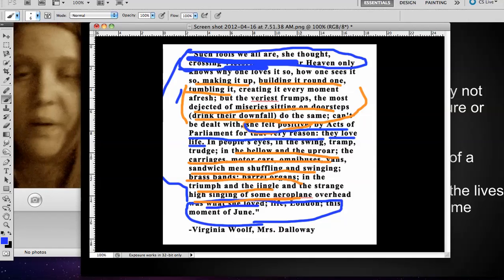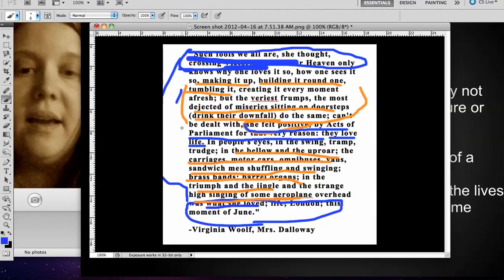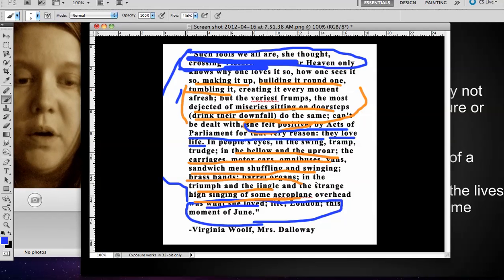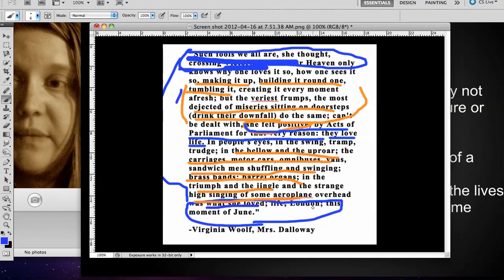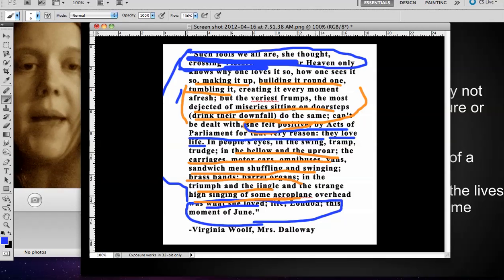This is what I love. So I will take the bombs, I will take the buildings, I will take all of it for living life in London.